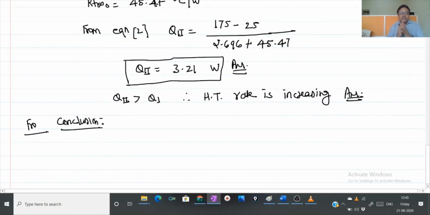Now this is a very interesting problem. When we provide insulation over a plain wall, it decreases the heat transfer rate. However, in case of cylinder and sphere, as we have seen in the concept of critical radius of insulation for cylinder and sphere, providing insulation does not necessarily decrease the heat transfer rate.